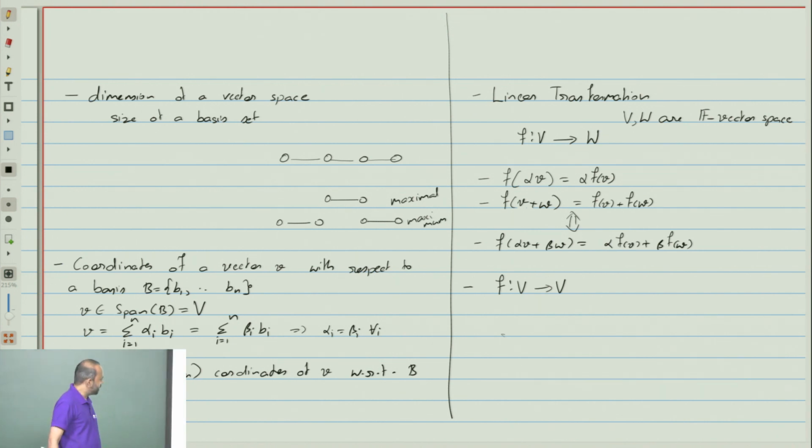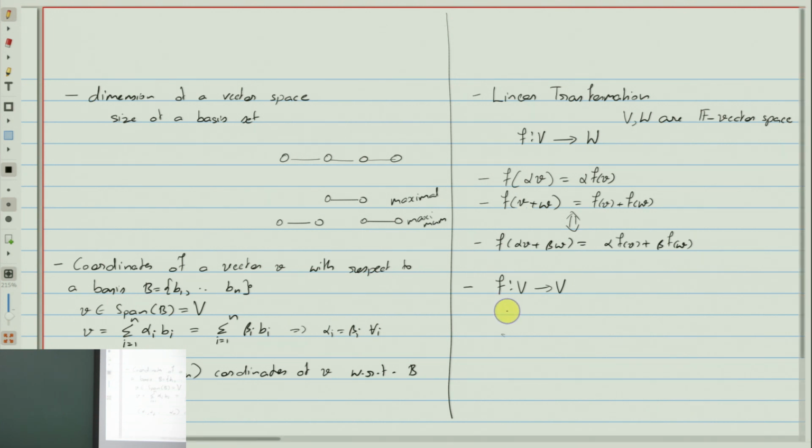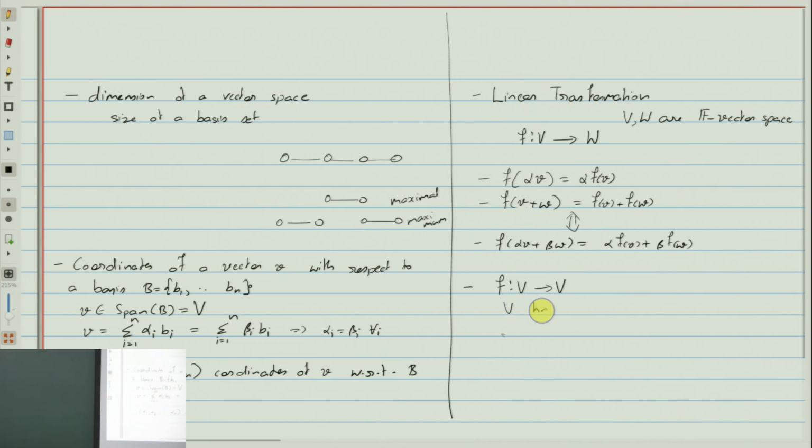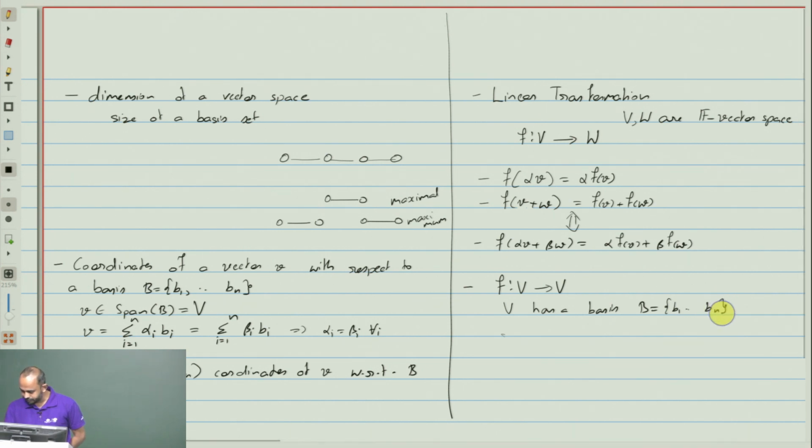So given a linear transformation like this, and if you fix a basis for the vector space V, let us say V has a basis B1 to Bn.